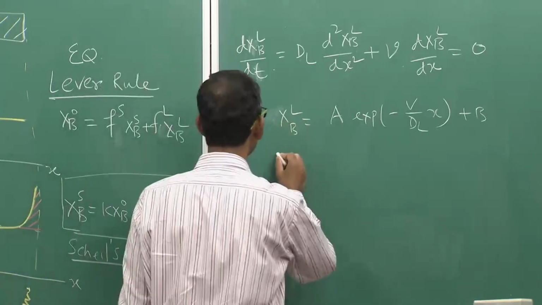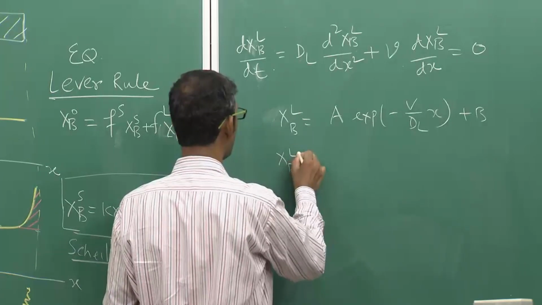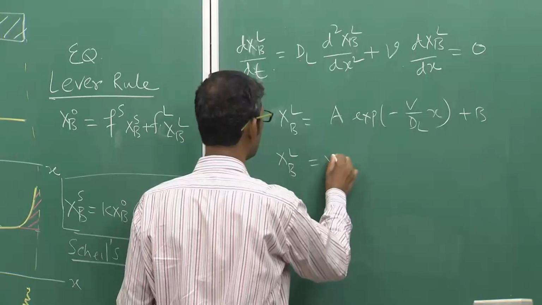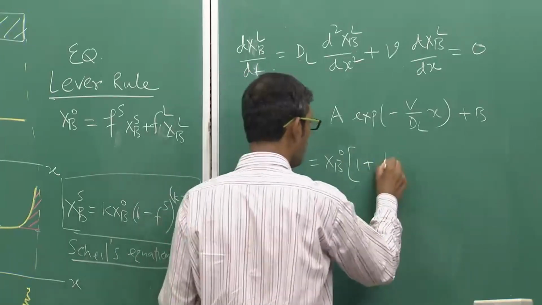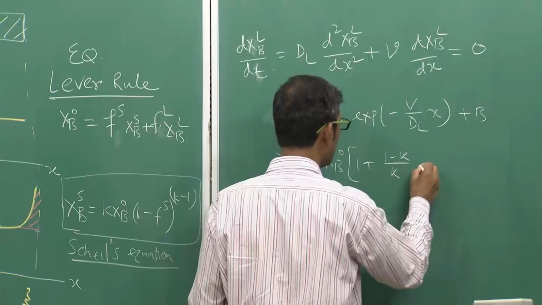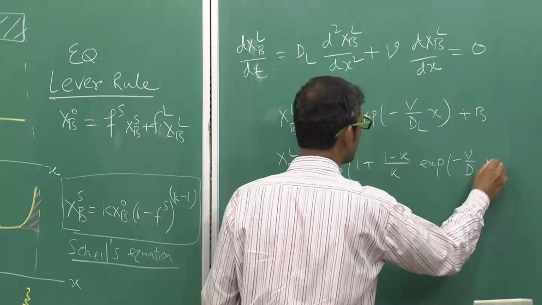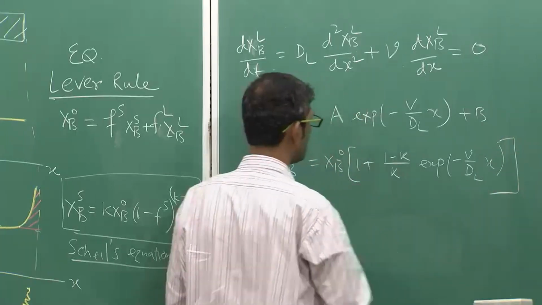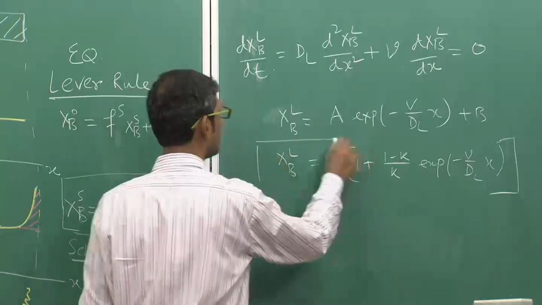You can find out these constants A and B by using proper boundary conditions. Then it will become XBL = XB0 [1 + (1 - k)/k exponential(-V/DL x)]. That is what will be the actual solution for this third case.